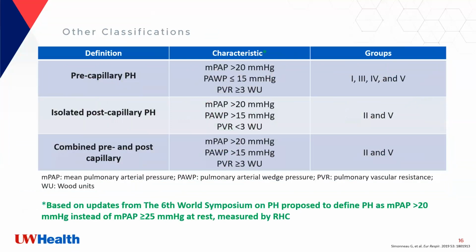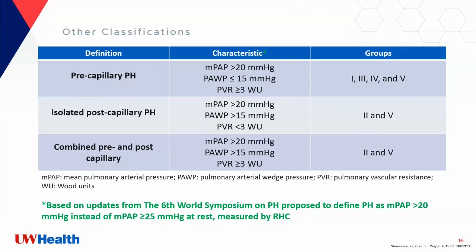So we discussed two groups that define pulmonary hypertension based on etiology. However, pulmonary hypertension can be also classified based on hemodynamic values that were obtained from right heart cath. So there's precapillary pulmonary hypertension that is due to primary elevation of pressures in pulmonary arterial systems, such as pulmonary arterial hypertension. We also have postcapillary pulmonary hypertension that is usually due to elevation of pressure in pulmonary venous and pulmonary capillary systems.